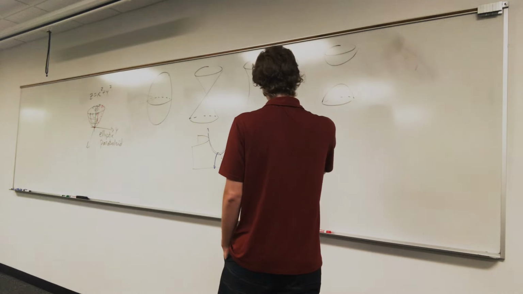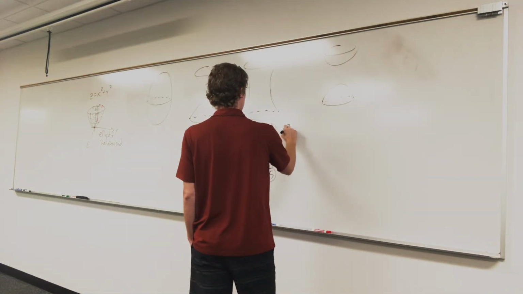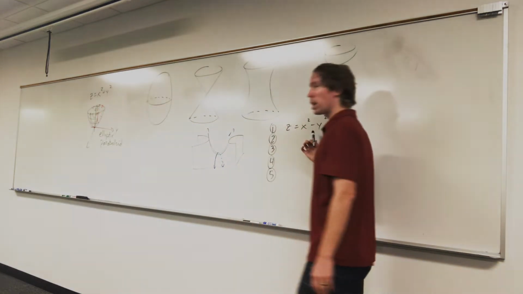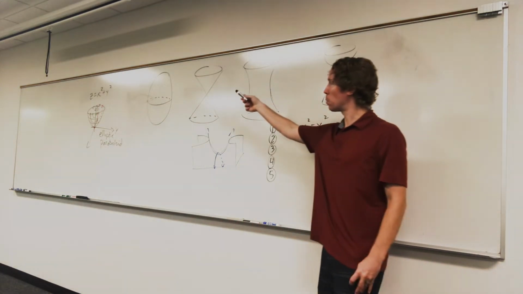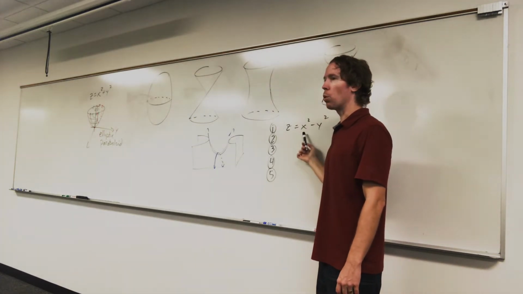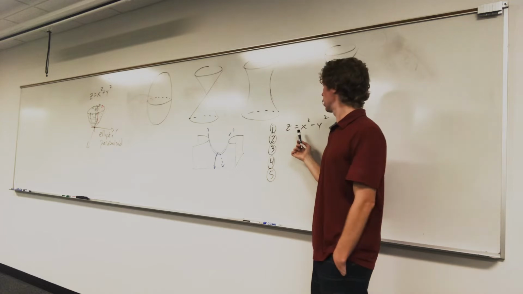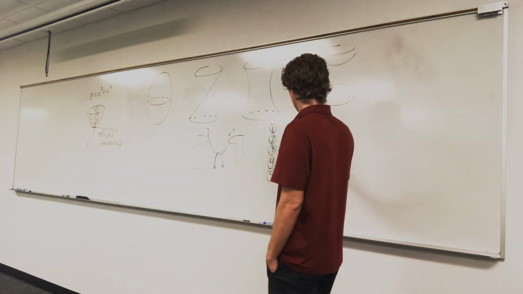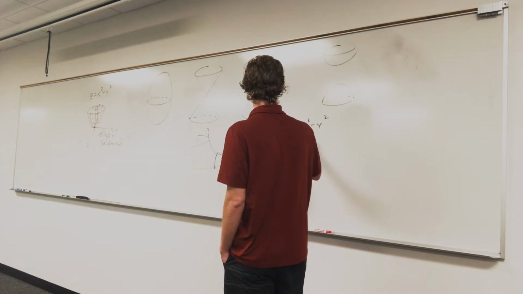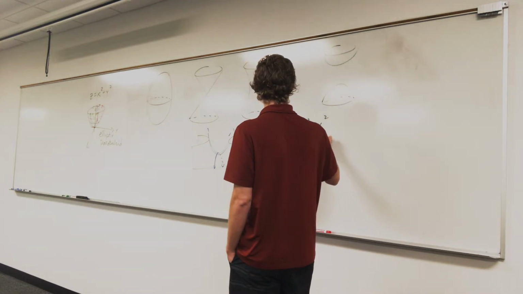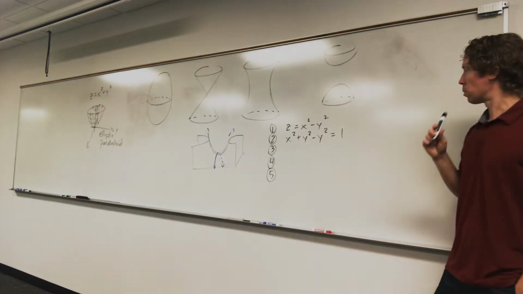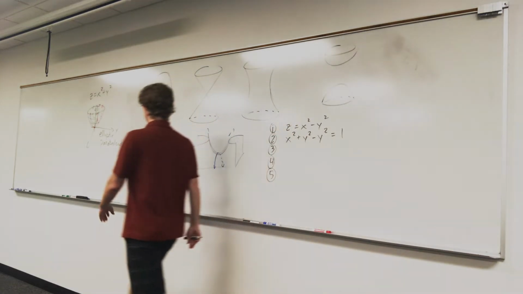Okay, over here, one type of shape we could have is we could take that exact same equation but change either the y to have a negative coefficient or the x to have a negative coefficient. We could have, whoops, meant to make that a z at the end.